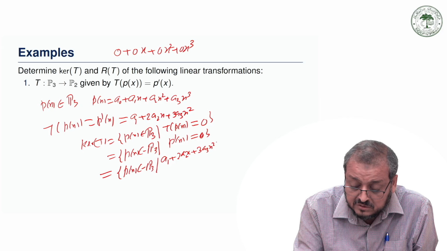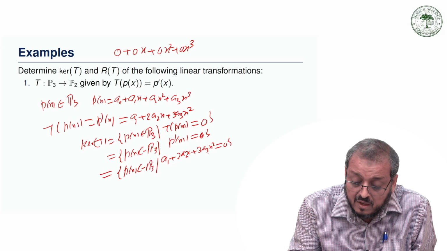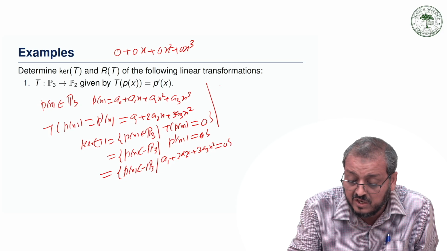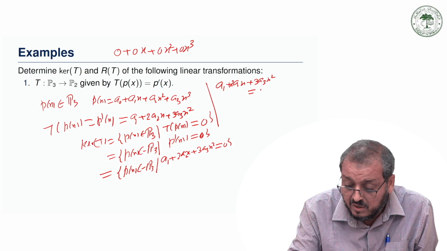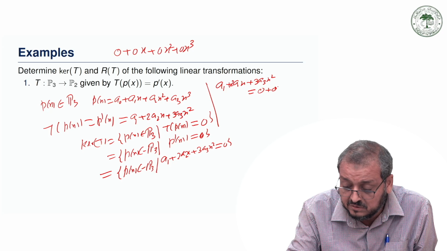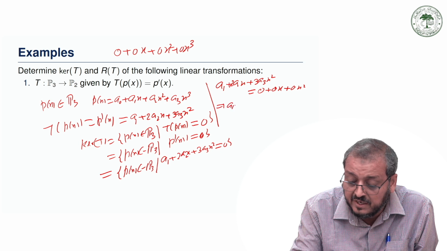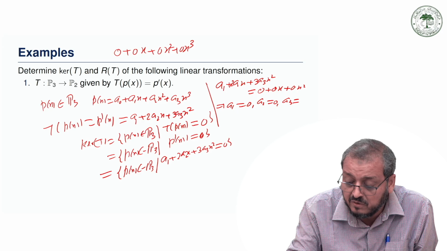Now we have the condition a1 plus twice a2x plus 3a3x square is equal to 0 plus 0 into x plus 0 into x square. This implies that a1 is equal to 0, a2 is equal to 0 and a3 is equal to 0.